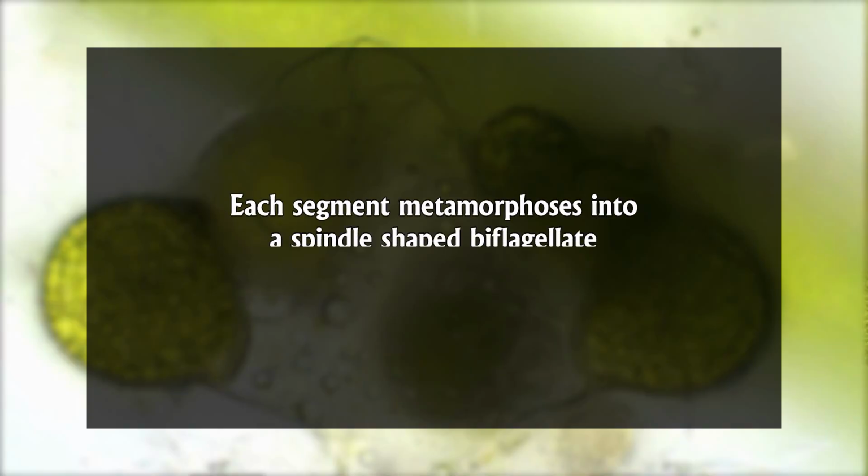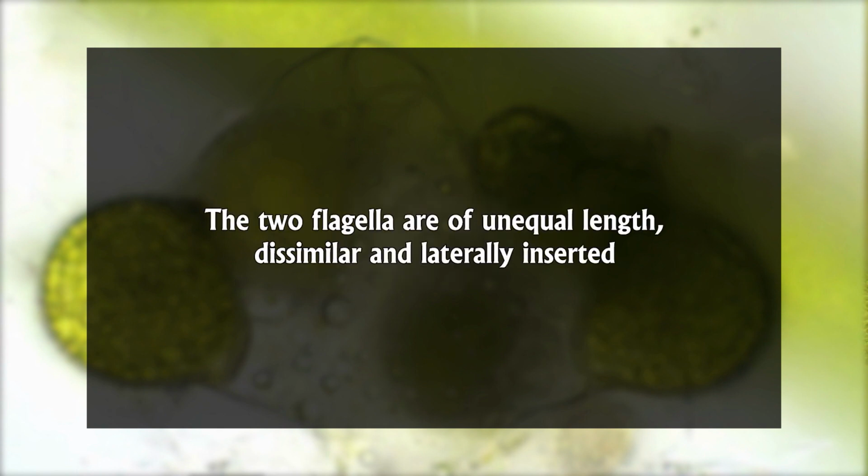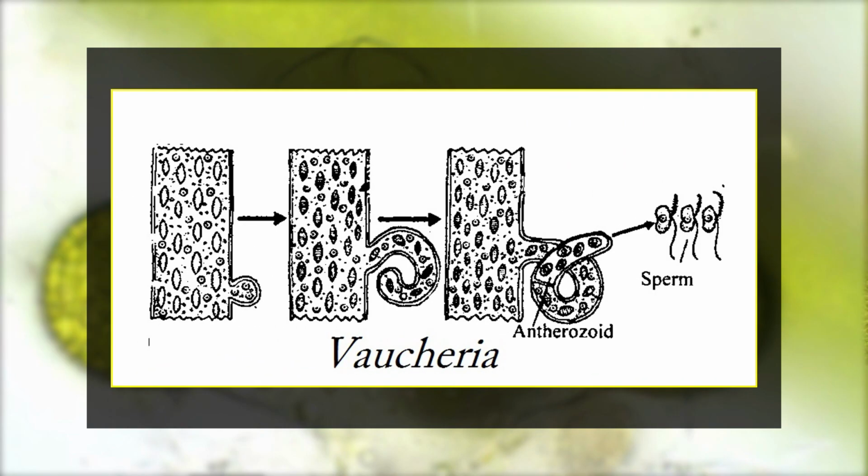Each segment metamorphoses into a spindle-shaped biflagellate antherozoid. The two flagella are of unequal length, dissimilar, and laterally inserted. The antherozoids do not have chloroplast and also lack eye spot.